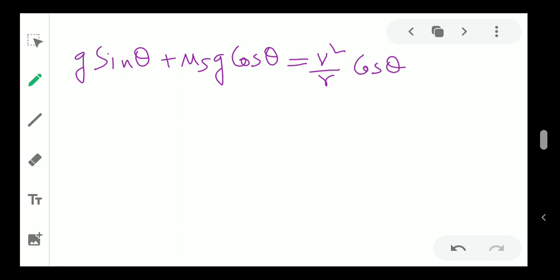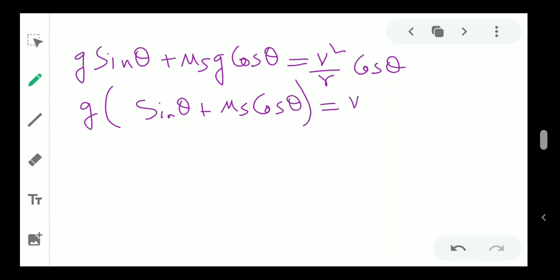And from here, taking g common, I can write sine theta plus mu s cos theta is equal to v square by r cos theta.